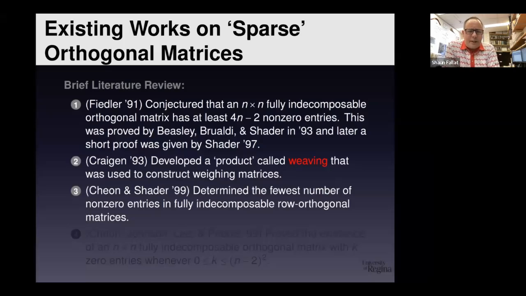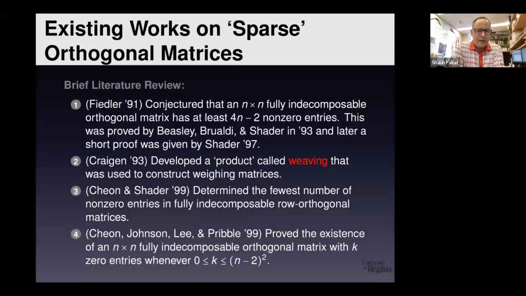Chiang and Shader in 1999 expanded this idea that Fiedler had and determined the fewest number of non-zero entries in a fully indecomposable row orthogonal matrix. So here you're not necessarily requiring things to be square, and you're just looking at orthogonality in one kind of direction.